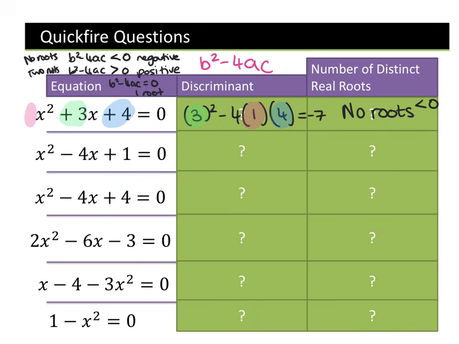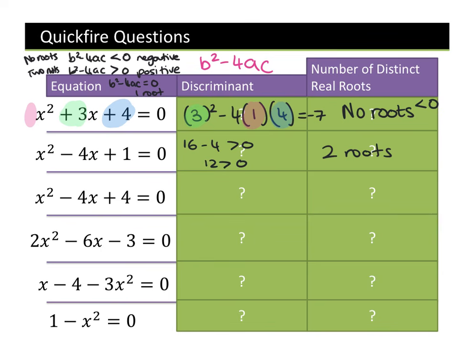Okay then, b squared minus 4ac. I'm going to do this in my head. I'm going to get 16 minus 4. That's positive, so I'm going to have 2 roots. Because these are just quick questions, I don't actually need to work out the entire number, though it's good that you know how to. So we have 12, which is greater than 0, which is 2 roots.